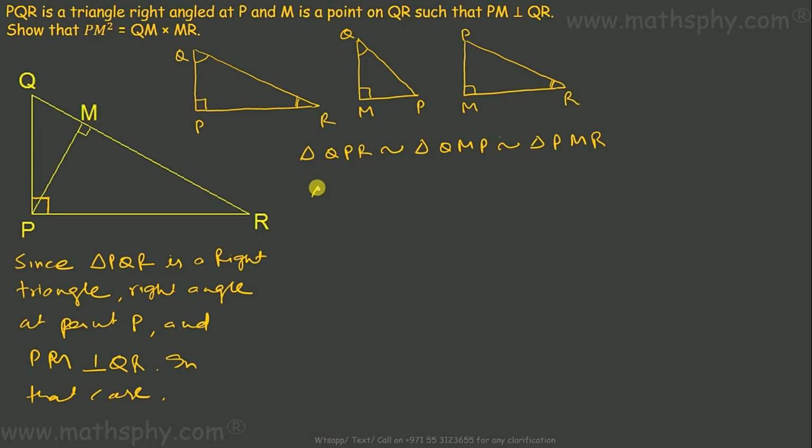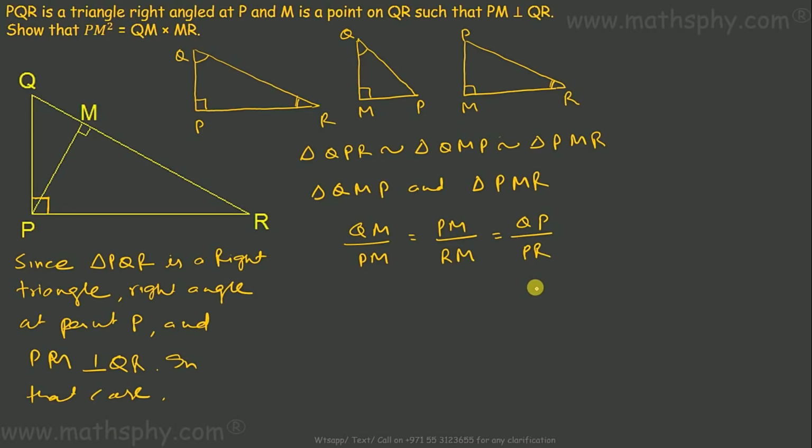Let's take triangle QMP and triangle PMR. In QMP and PMR, since both of them are similar, QM over PM will be equal to PM over RM. Corresponding sides will be equal to QP over PR. Let's keep this aside for a while and work on this piece here.